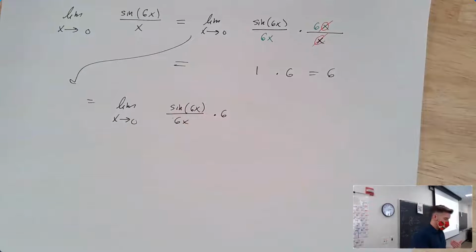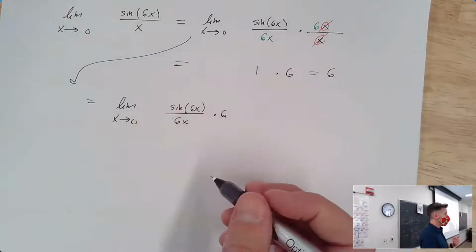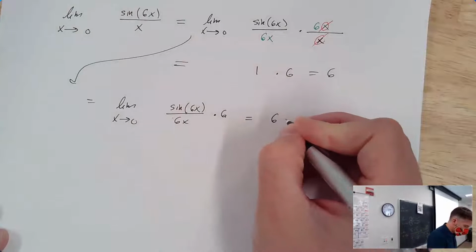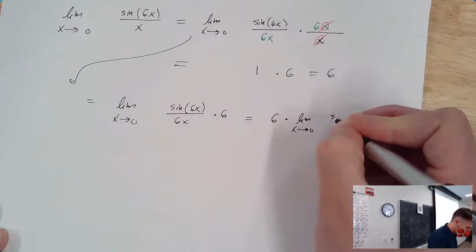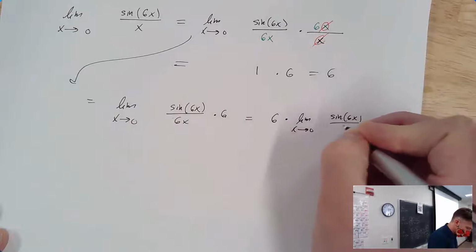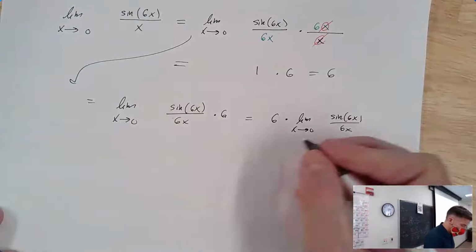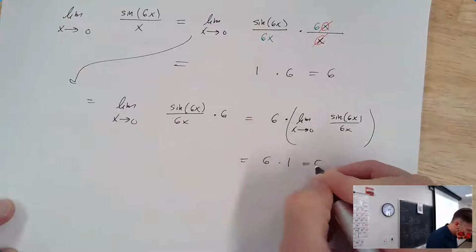It says if you have a limit of a constant times a function, that constant multiple can multiply the entire limit, meaning I can rewrite this as the constant 6 times the limit as x goes to 0 of sine of 6x over 6x. Do I think this is necessary? No. Might someone ask you to do this anyway? Possibly. So I would say, okay, I've got that. And then that's 6 times 1, which is 6.